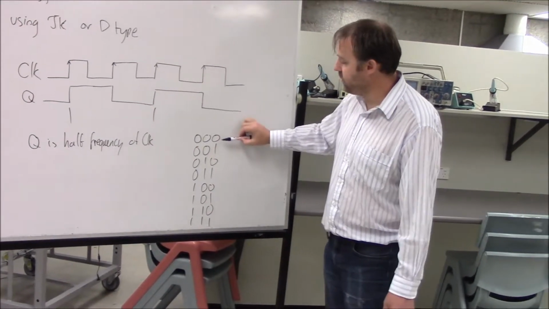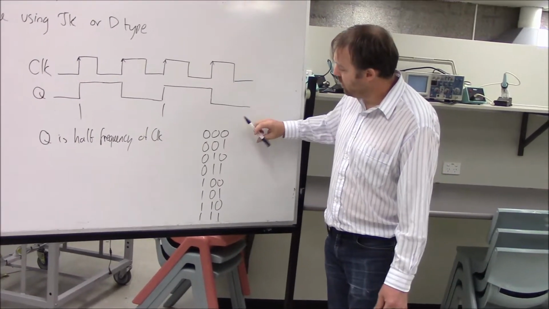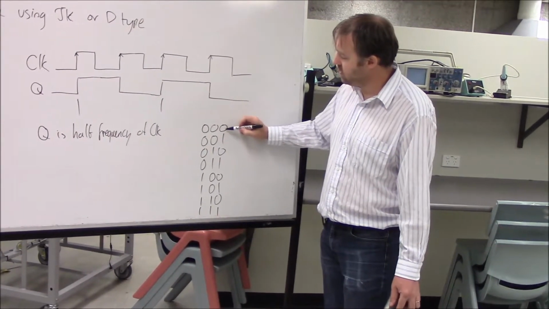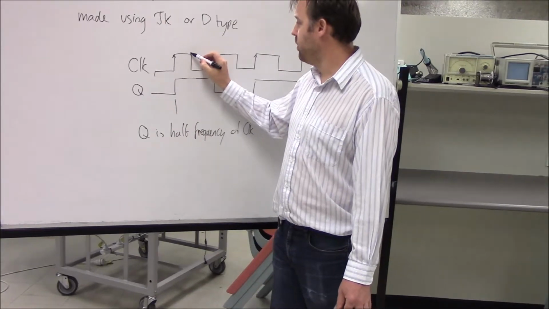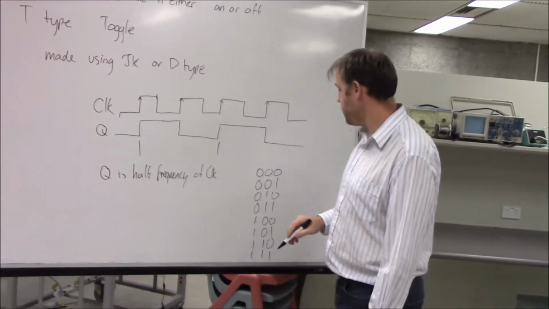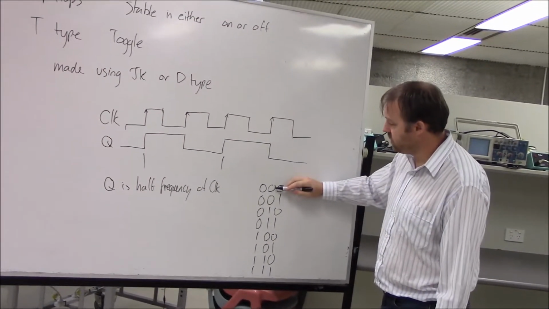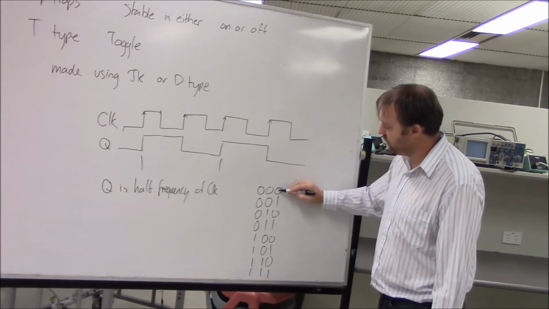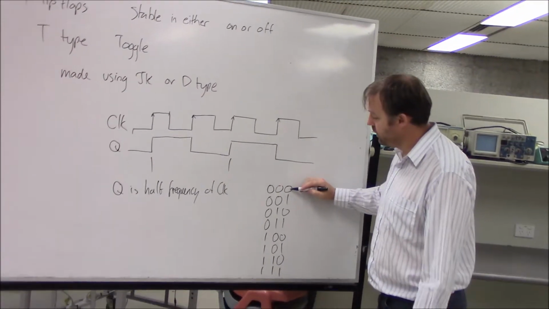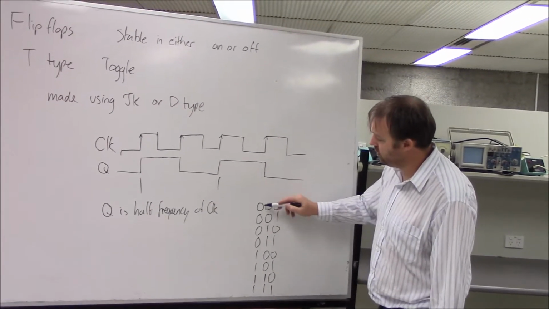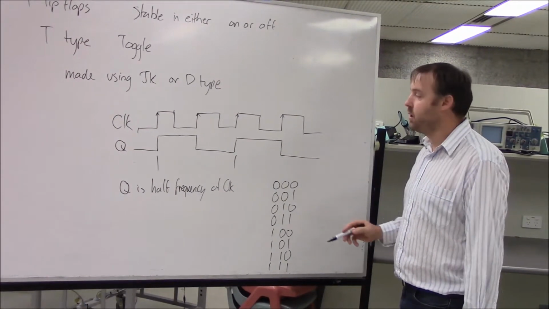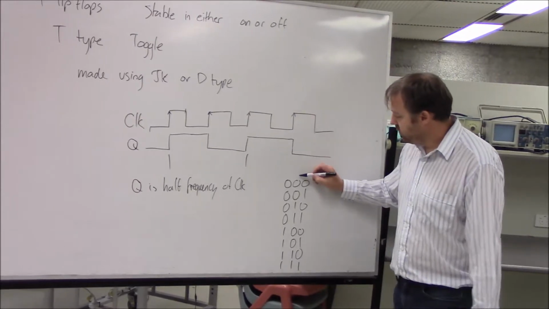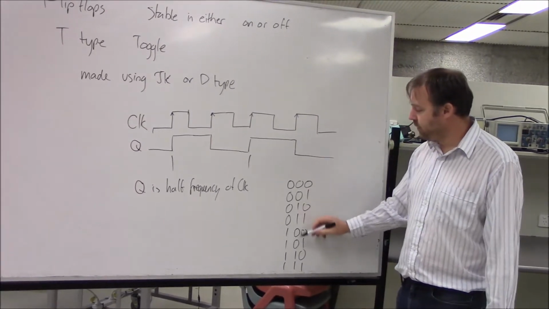If you think about this one, 0 to 1, as this cycle here, then this one is changing once we've done a full cycle of this one. And likewise, this one isn't changing until we've done a full cycle of this one. So these are half the frequency.